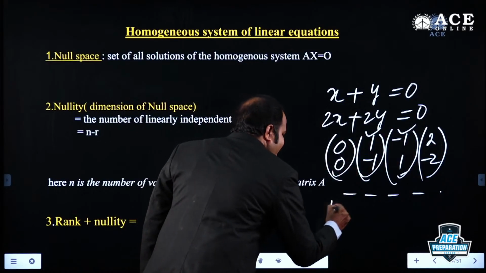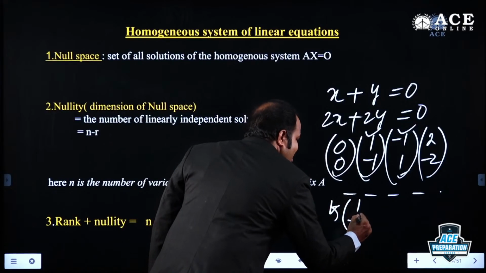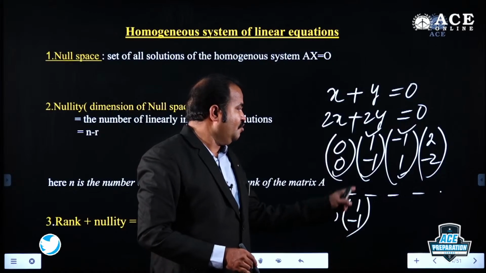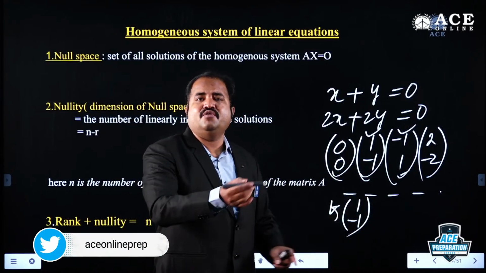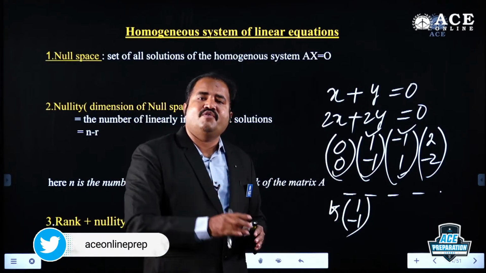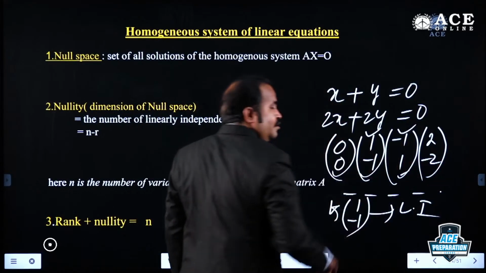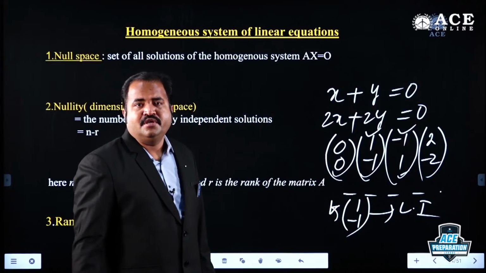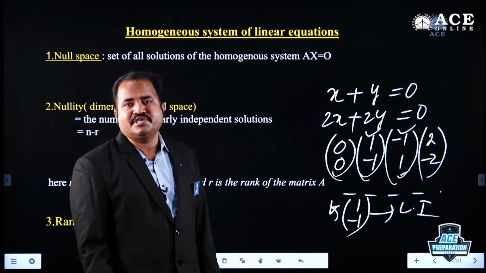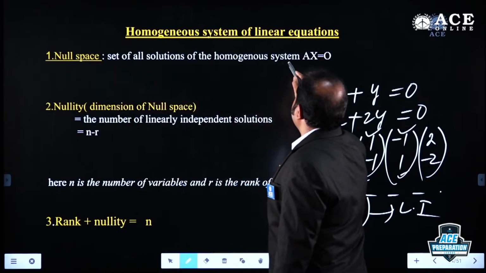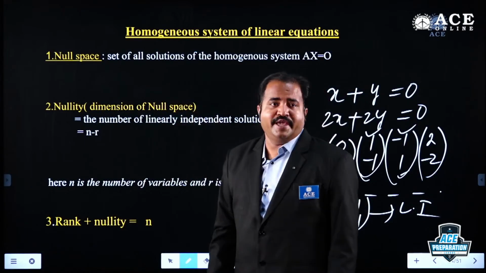These are multiples, k times 1, minus 1. By giving k equal to 0, the first one, k equal to 1, the second one, k equal to minus 1, and so on. So all the solutions are multiples of this one. This is called the linearly independent solution. The remaining are dependent solutions. So how many such linearly independent solutions will exist? The set of all solutions of the homogeneous system Ax equal to O is called the null space.